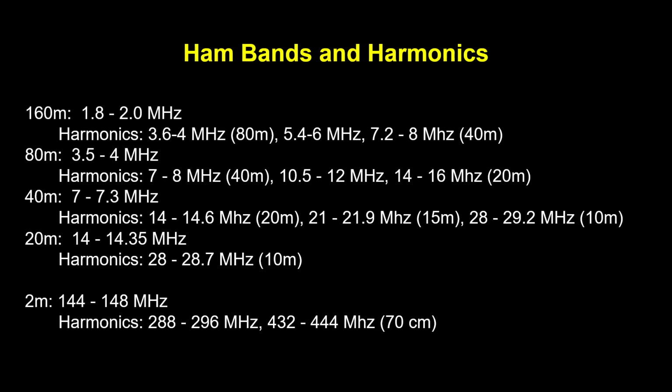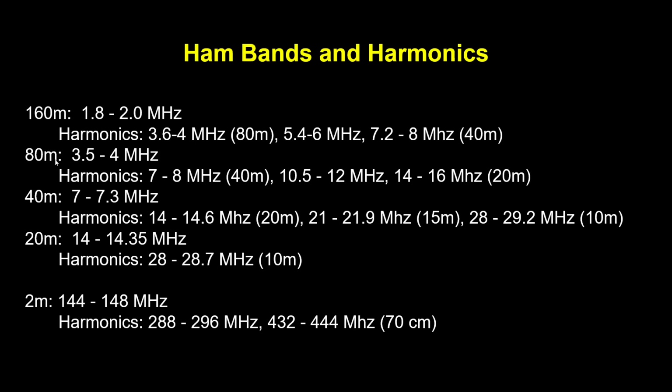The other thing I wanted to mention is the interesting way the bands are set up. Often the bands are set up so the harmonics of that band are in another ham band. If you look, for example, at 160 meters, the second harmonic is in the 80 meter band, and part of the third harmonic is in the 40 meter band.